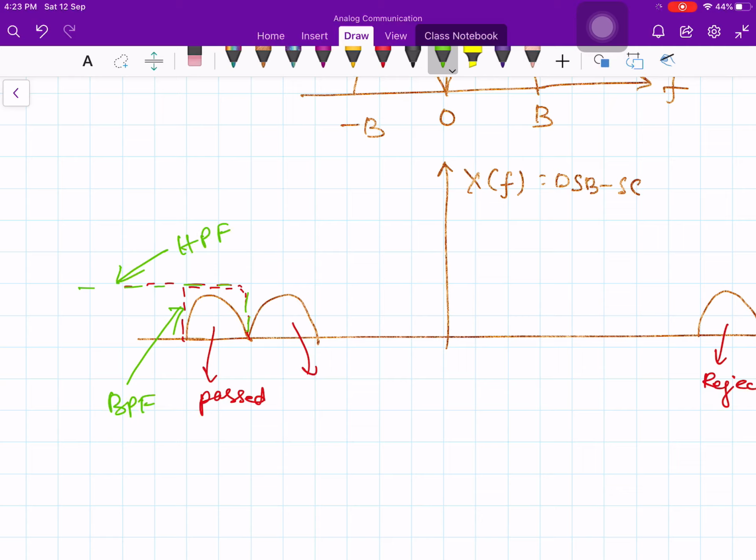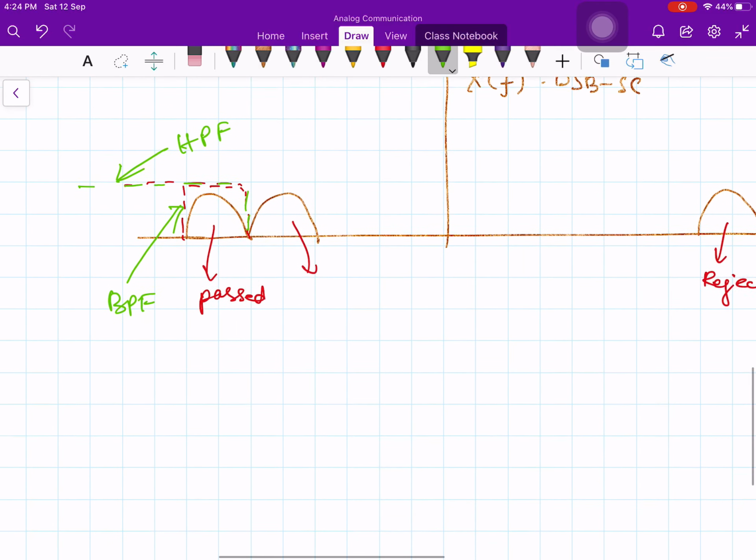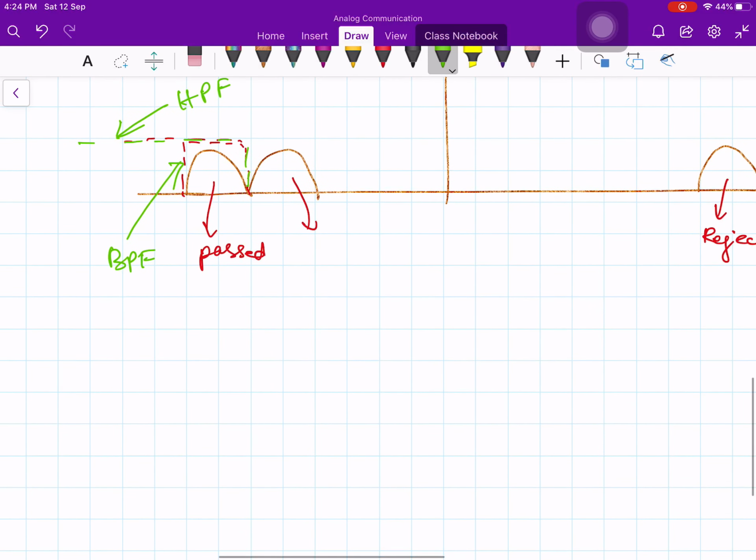You can use any one, and you can retain the upper sideband and reject the lower sideband. Okay, so therefore the high pass filter or the band pass filter only passes this upper sideband portion of the spectrum and rejects anything else. Theoretically, a high pass filter will do that. In practice, of course, the band pass filter will do. So theoretically, a high pass filter would be able to separate out the upper sideband from the lower sideband.